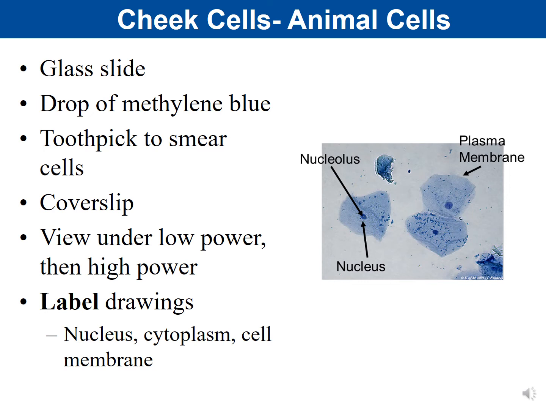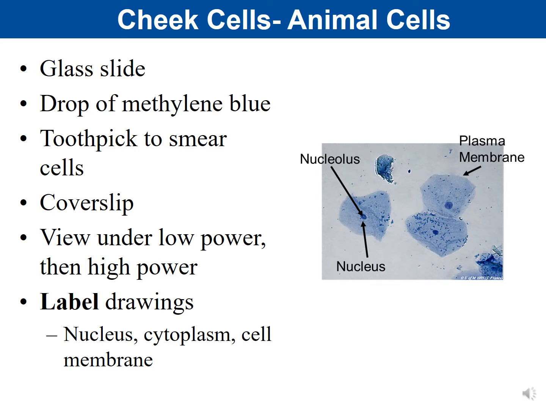However, if you just take your toothpick and lightly touch the inside part of your cheek, so in your mouth, and you just scrape the toothpick along the inside of your mouth, you're going to pick up some of these cheek cells. You take that toothpick, you swirl it in the methylene blue. You would dispose of the toothpick in the trash, so we would not want to leave those out.